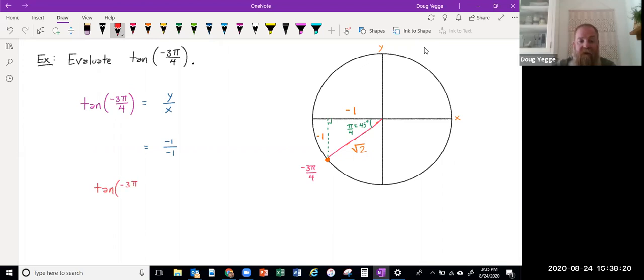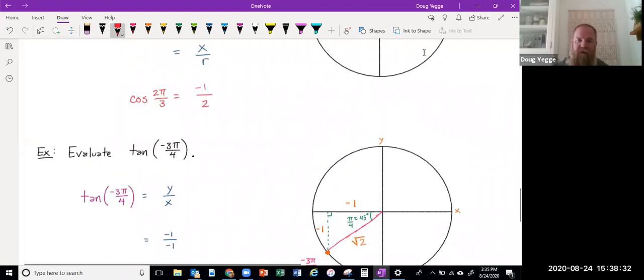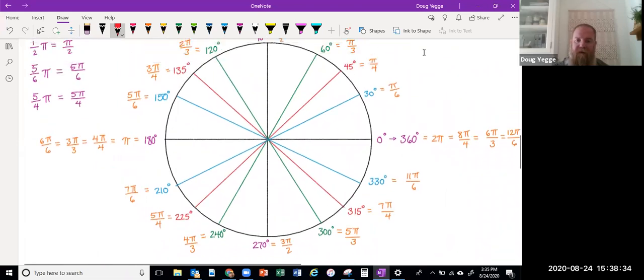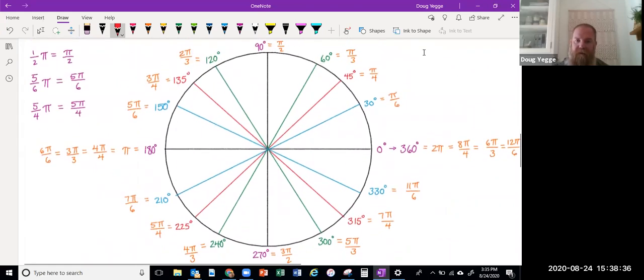Notice that we never used degrees in order to compute this trigonometric function, but we see the tangent of -3 pi over 4 is equal to 1. So get very used to these equivalencies and practice real hard to memorize these. But again, it's not memorizing this whole diagram. Instead, it's understanding the patterns and the relationships so that you can reason through where they are instead of trying to memorize this entire diagram.